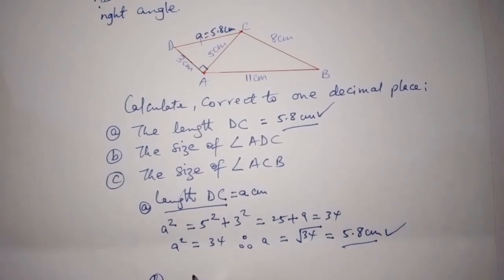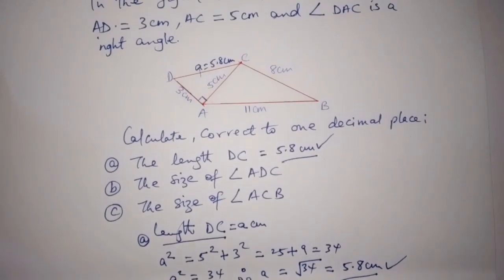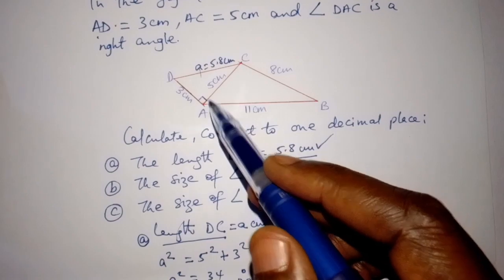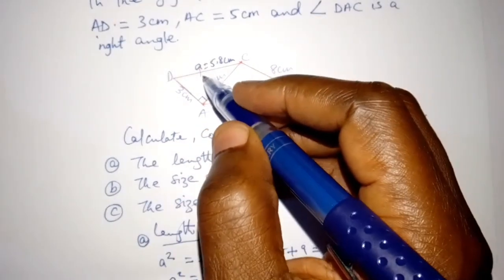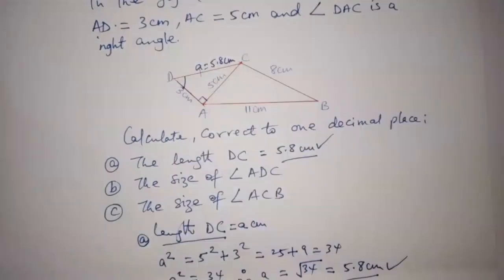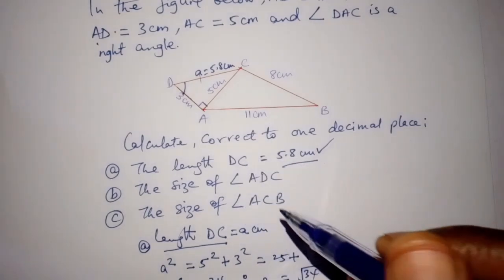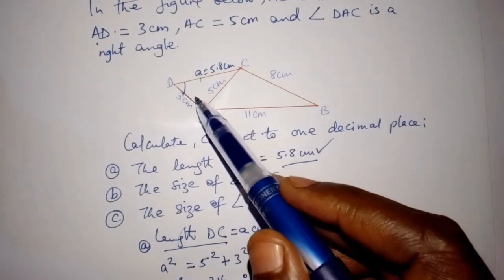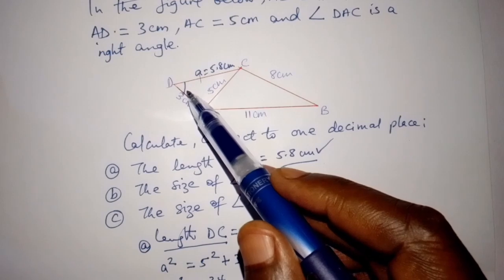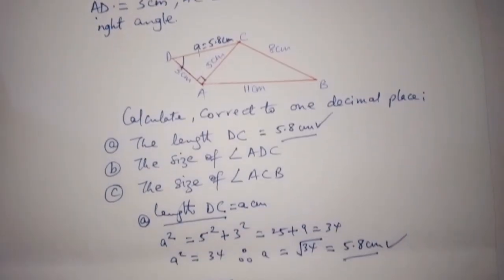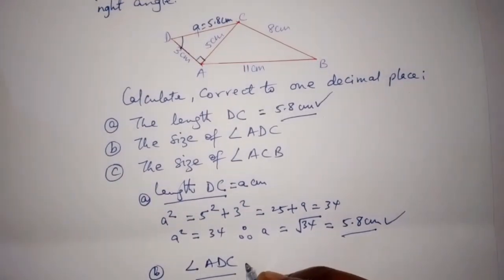The size of angle ADC, this angle here, we can name it as angle D. So you can say this is D degrees.